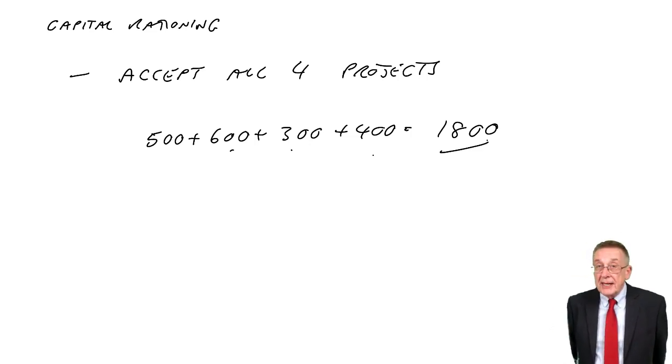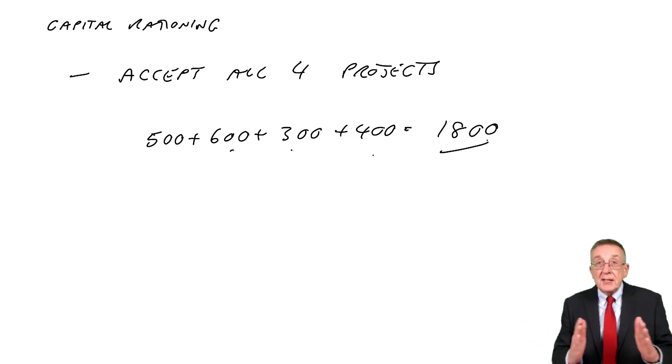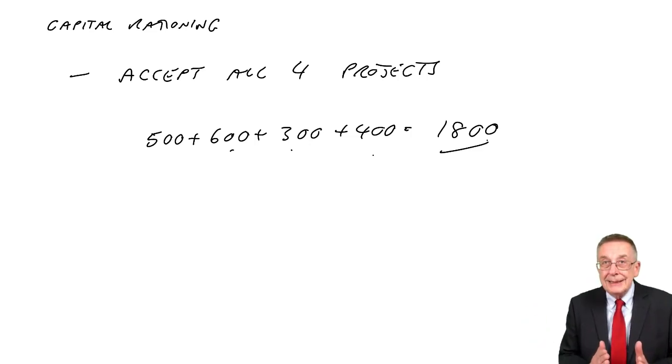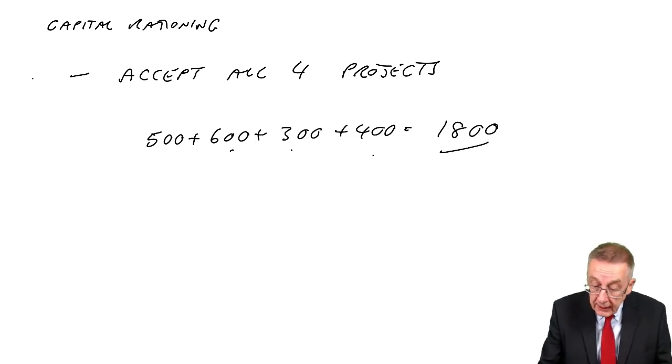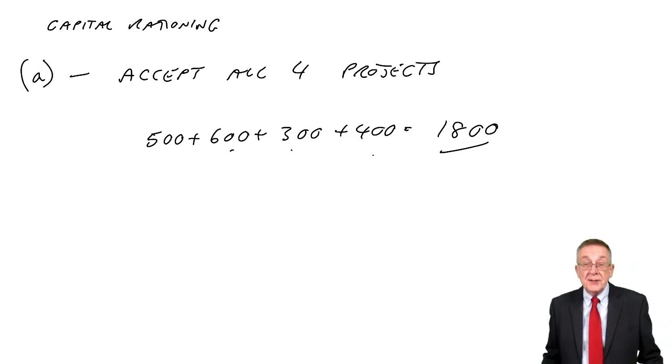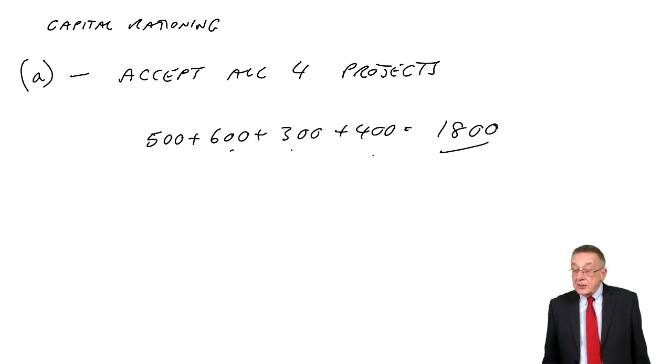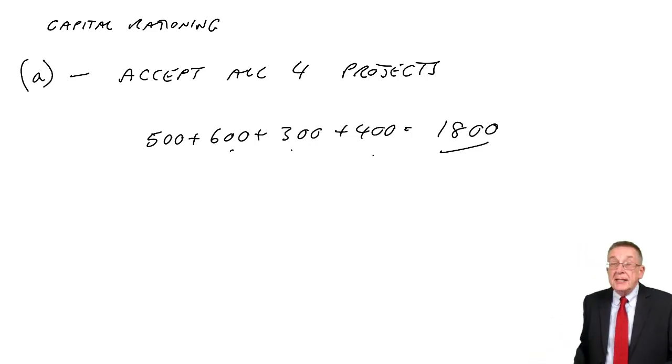So capital rationing is when there's a limit on the cash available. Part A, if there is no capital rationing, you will do all 4 projects. If we can get as much cash as we want, if I can get 1,800, we'll do all 4.